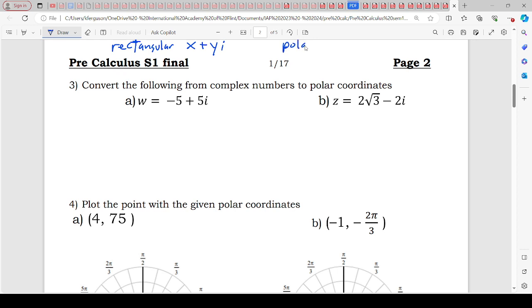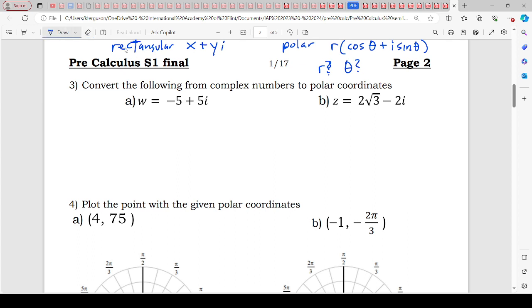Polar coordinates go r times cosine theta plus i times sine of theta. So if I'm going from rectangular to polar, I need to find out what r is and what theta is. Those are the two things I need to find, and I use the x and y that I have to find them.